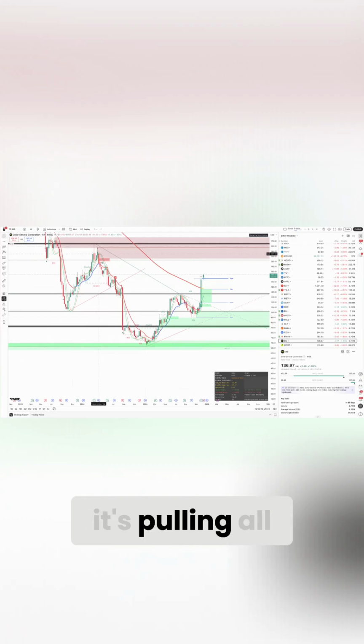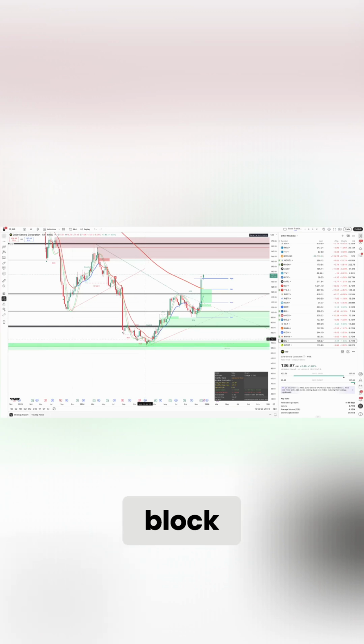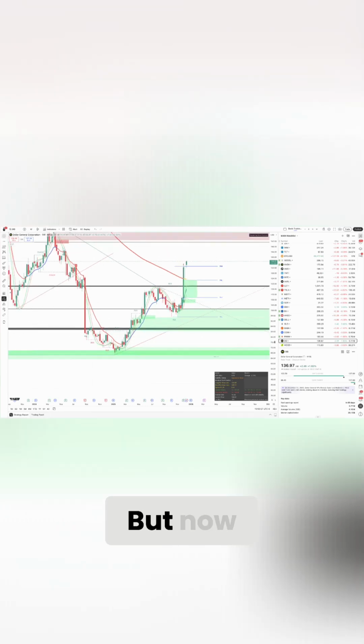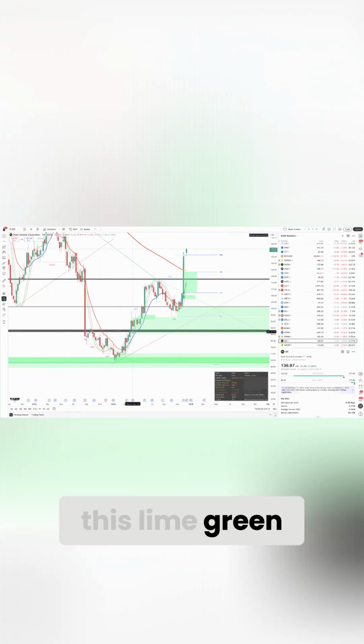Like right here, it's pulling all the way down, and it came all the way down to this order block. But then we got an entry here. It pushed up and tested the 12. But now when you get this inverse arc down here near the money, and we come down here in this zone, then we get the timing mechanism, which is the Wolf trend moving average, this lime green line.